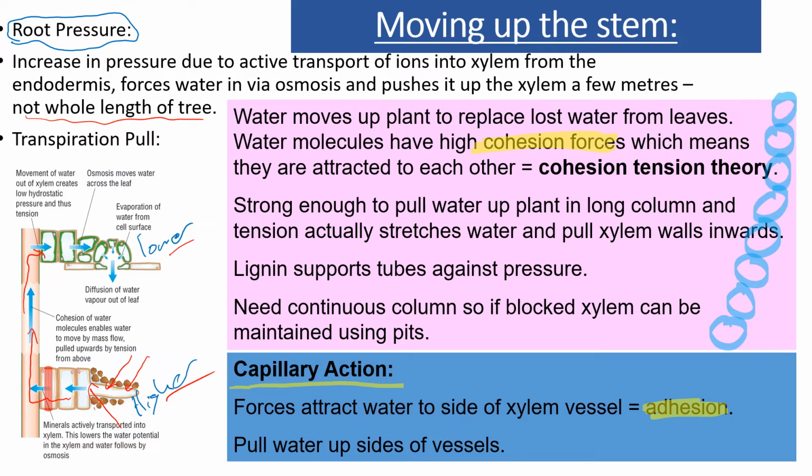So these water molecules all stick together, and therefore when one of them gets pulled upwards, that pulls the next one upwards, and the next, and the next. And that causes a continuous column of water being pulled up. And that, along with the adhesion forces I just mentioned, means that the water is sticking to the side of the xylem tube as well, and therefore it's moving upwards.